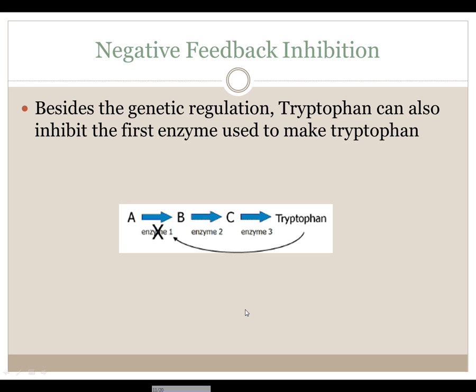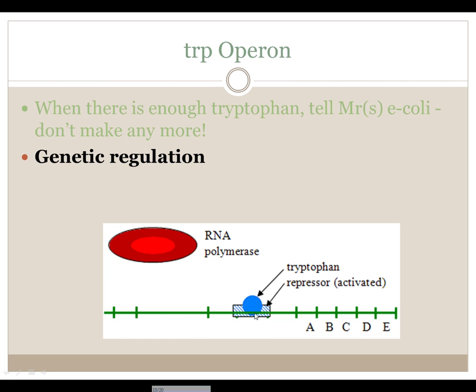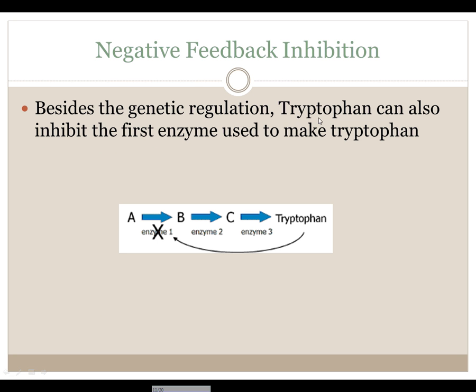Then there's another part to this. There's also negative feedback inhibition, and that's, besides the genetic regulation, which was here, what can also happen with the tryptophan, which is pretty cool, is that the tryptophan can be used to inhibit the first enzyme that would be used to make tryptophan, so it can really regulate the tryptophan levels quickly.